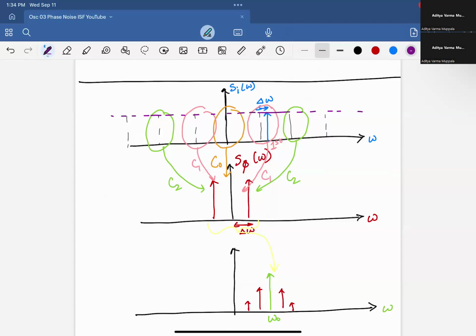Of course, if I have white noise, then these regions are all modulated down again by the C0, C1, C2 coefficient. And that forms sort of a spectrum here, right? And then this spectrum is modulated up here as the phase noise. Right?